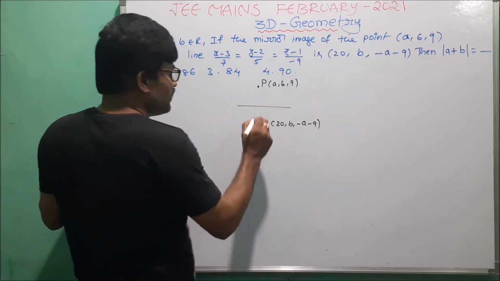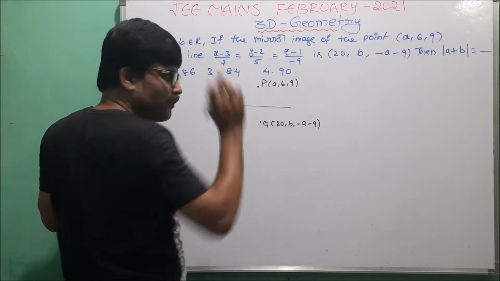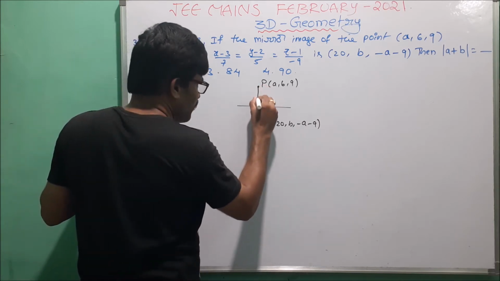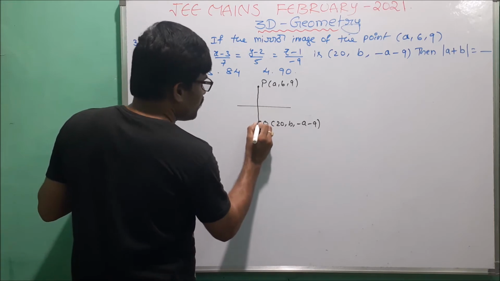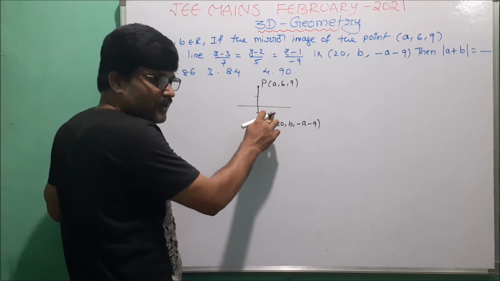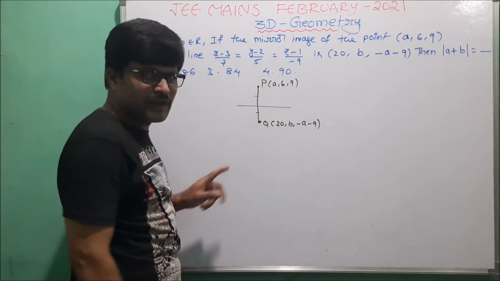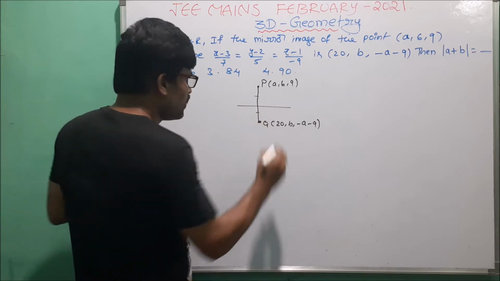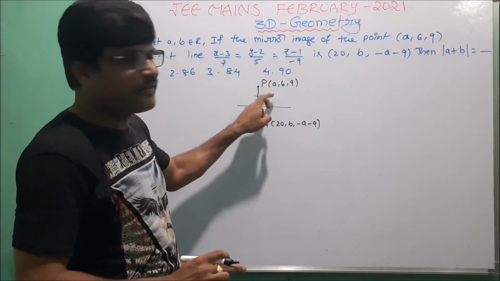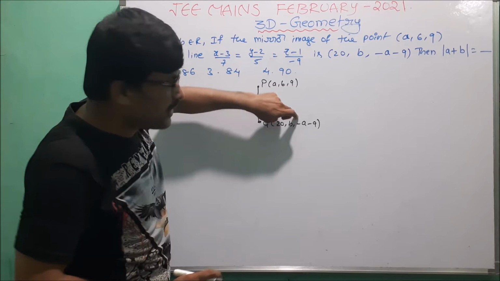Now here Q is the image of P. Now clearly we join these two. Here we have to observe that the line bisects the line joining points P and Q. The line bisects the line segment PQ. Let it be taken as R. Clearly R is the midpoint of PQ. Now here R is any point on the line L.